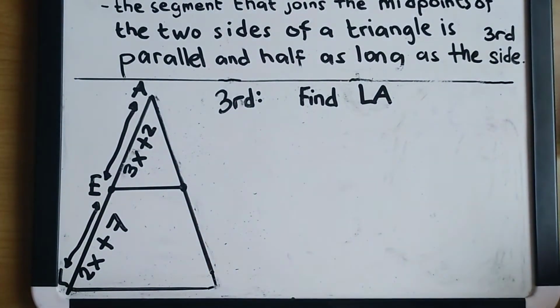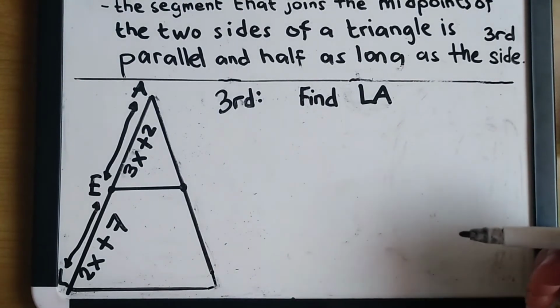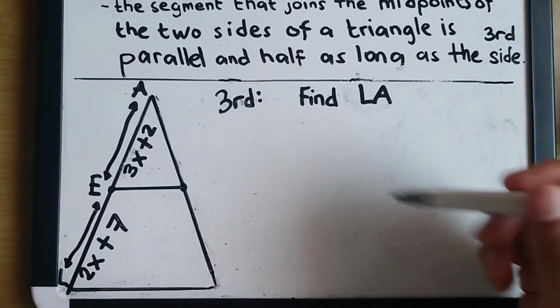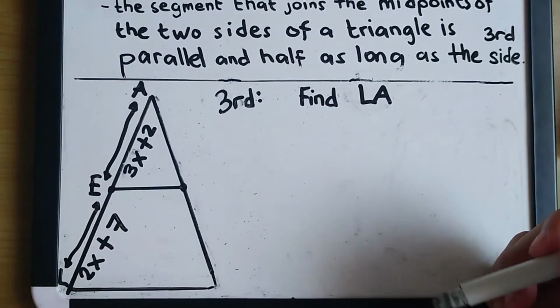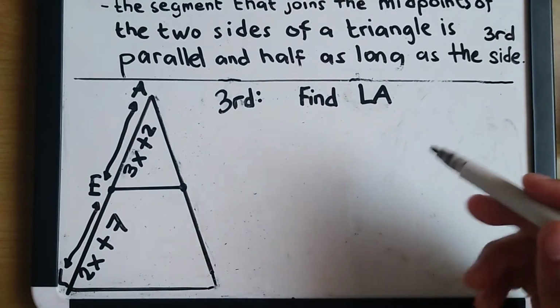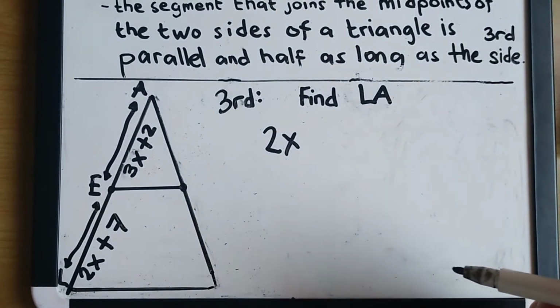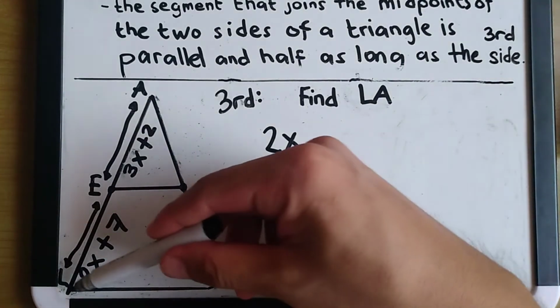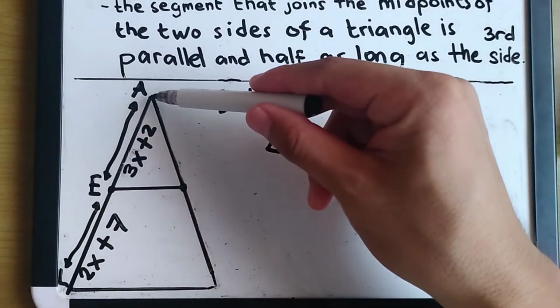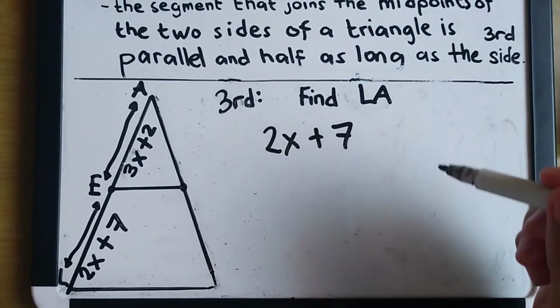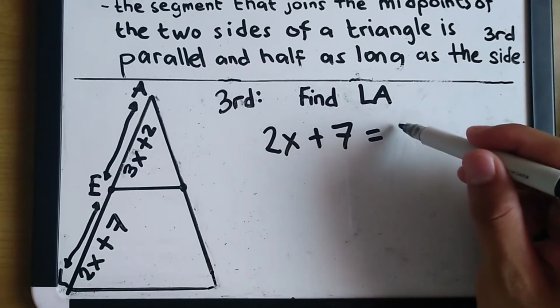The given is the line segment LE is equal to 2x plus 7, and the line segment AE is equal to 3x plus 2. We know that these two line segments are congruent. Line segment LE is congruent to line segment AE. So it follows that 2x plus 7 is equal to 3x plus 2.